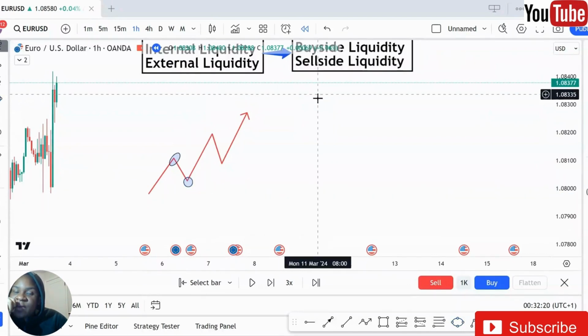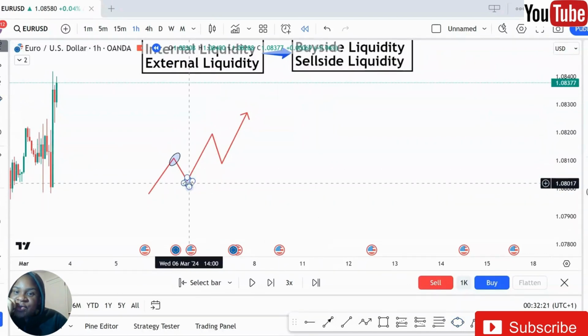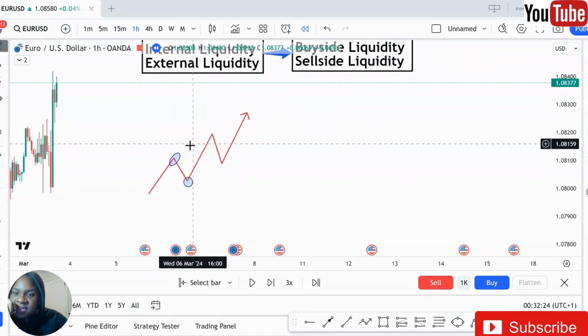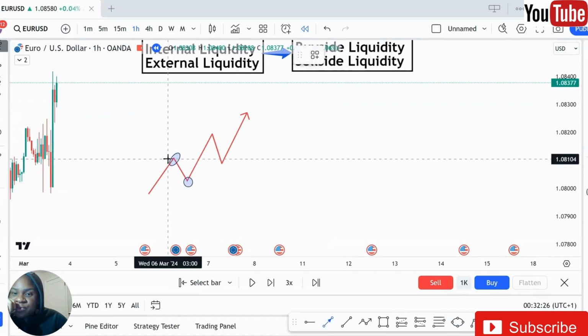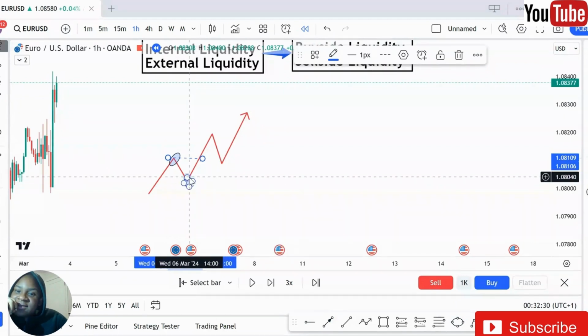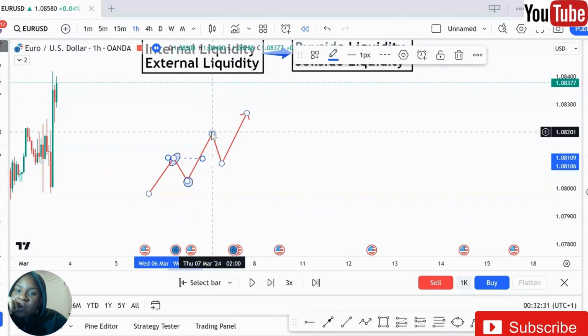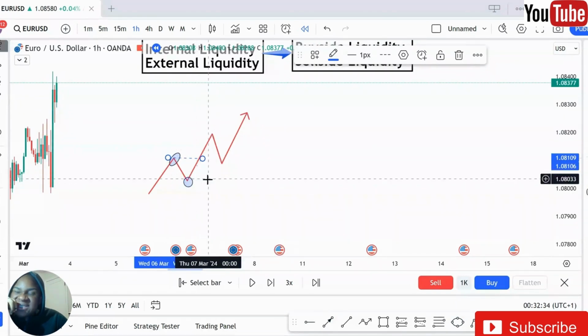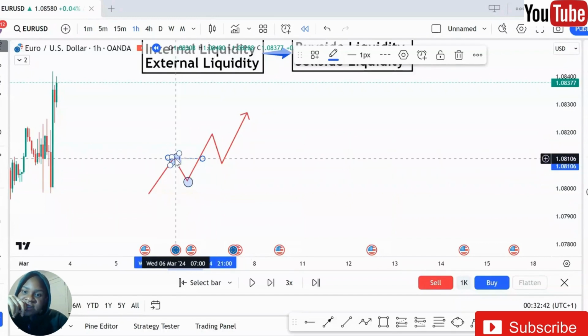That is why when market is doing like this, they will tell you, oh, market has taken the buy side liquidity, meaning market has broken structure. When market takes out this liquidity, they always come back to the internal liquidity. It's like a rule.